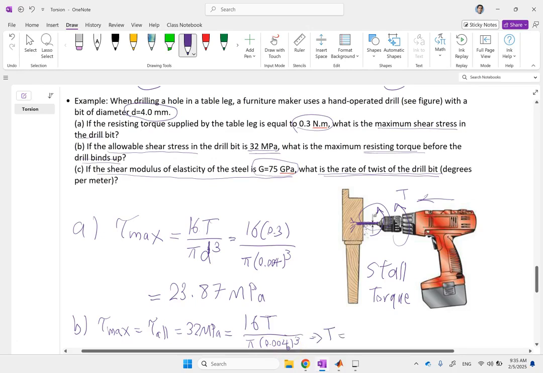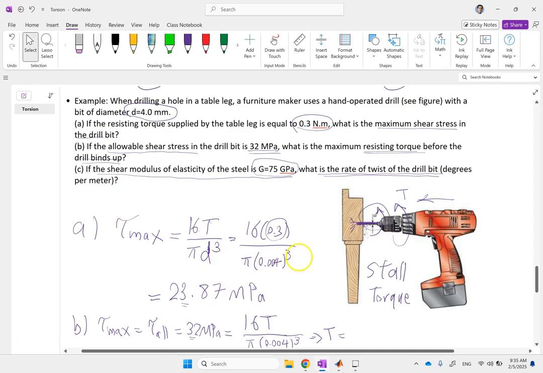And you see that the shear is linearly related to the torque. So if I divide this number by this one and multiply it by 0.3, that's all I need for the torque, right?